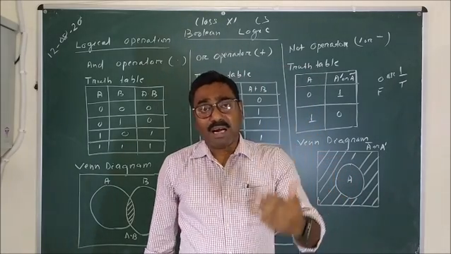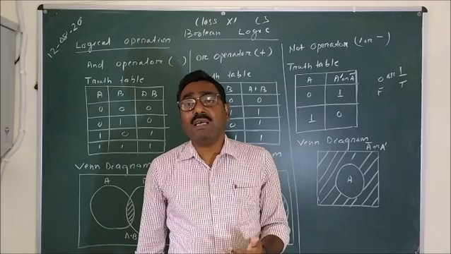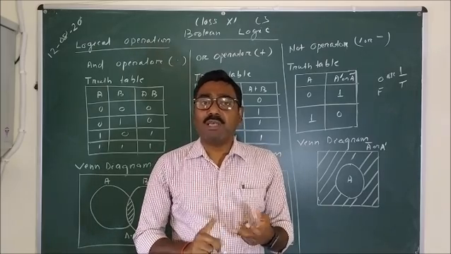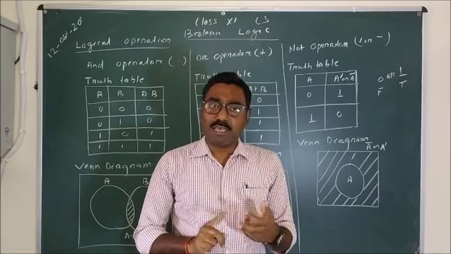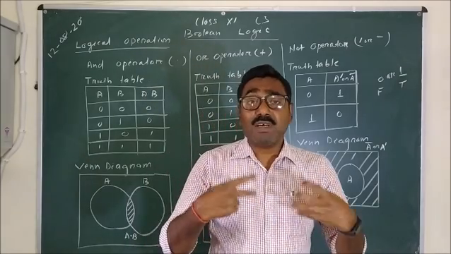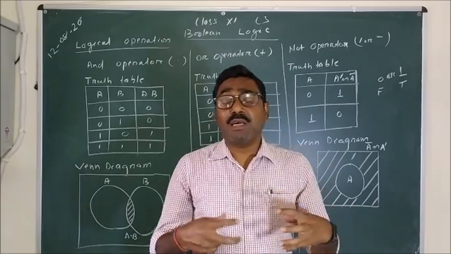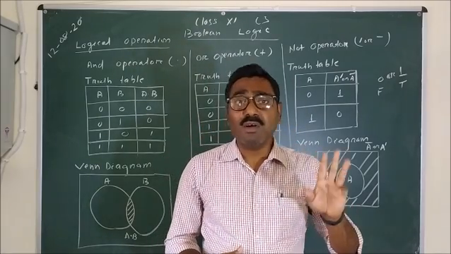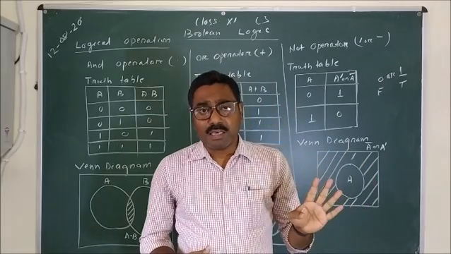If you combine these two situations, then we have the answer: either both are true, or the first true and second false, the first false and second true, or both are false. So these are the different combinations of values, and in total we have only 4 combinations of values in case of two conditions.